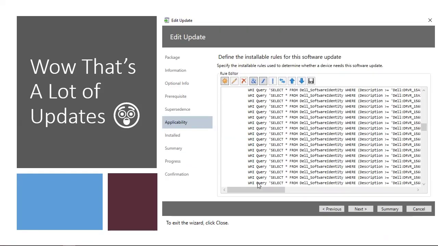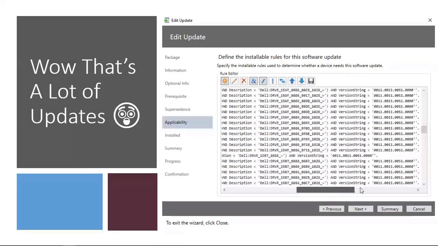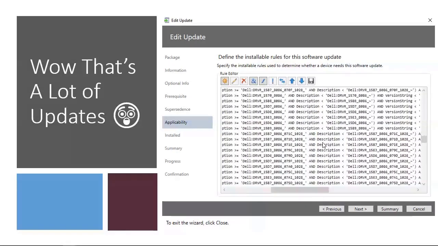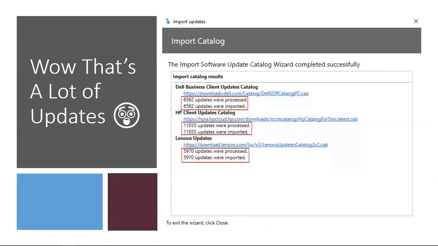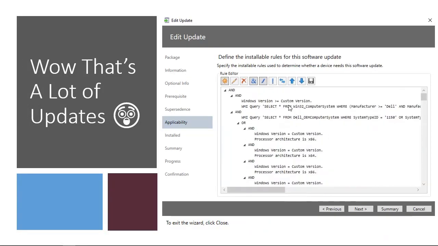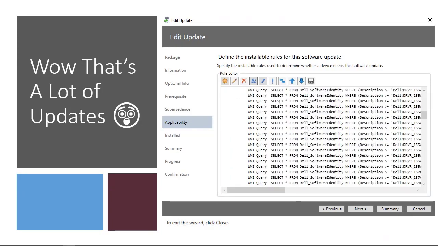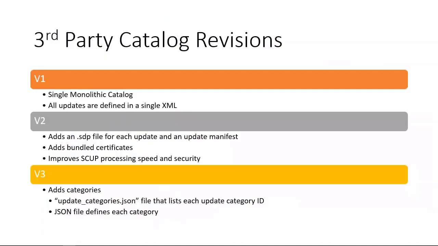And here's an example of one of the updates within one of the driver catalogs. Now this one is one of the longer ones, but essentially what we want to cover in this session is how you can make sure that you're only publishing what you need so that you don't bloat WSUS with every single update within a driver catalog.